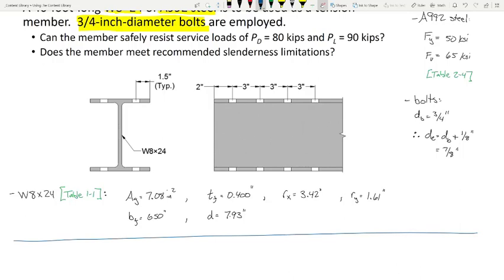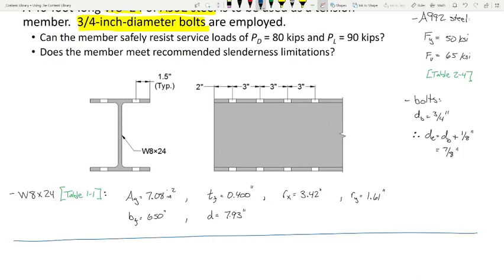It's 0.9 something for gross section yielding. There you go. Okay, what about net section fracture? I'm just writing it here on the board just so that we have it for reference. 0.75 Fu. Okay, so here's our expression.